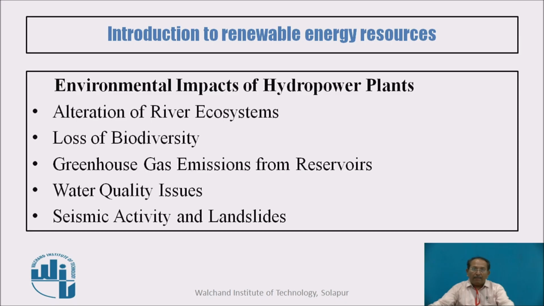Some environmental impacts are alteration of river ecosystems, loss of biodiversity, greenhouse gas emission from reservoirs, water quality issues, seismic activity, and landslides. That's why many of our environmental activists are always opposing, to restore our biodiversity.